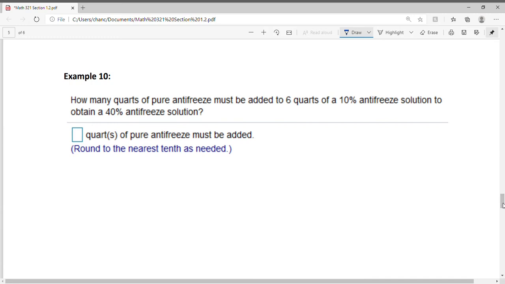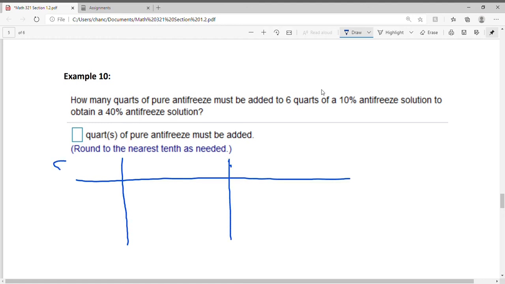Example 10. How many quarts of pure antifreeze must be added to 6 quarts of 10% antifreeze to obtain 40% of antifreeze solution? Now let's create ourselves a table. Now I know there's several different strengths of antifreeze. There's the 100% strength.